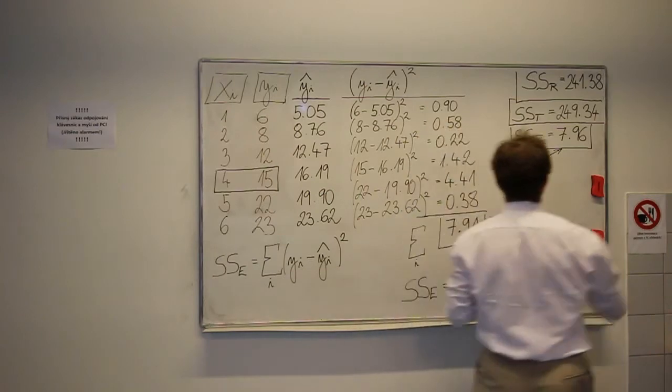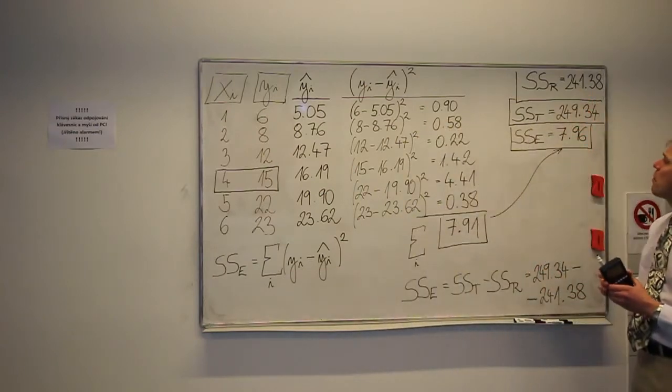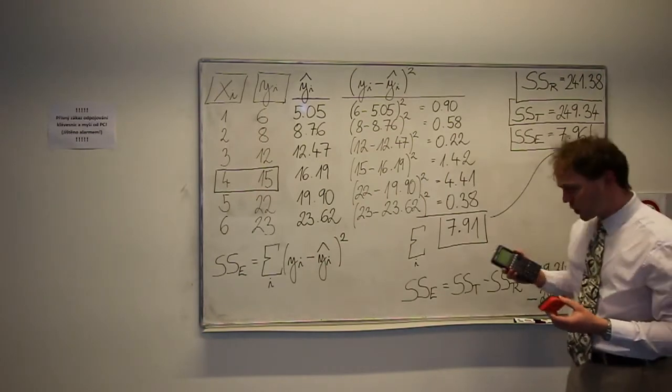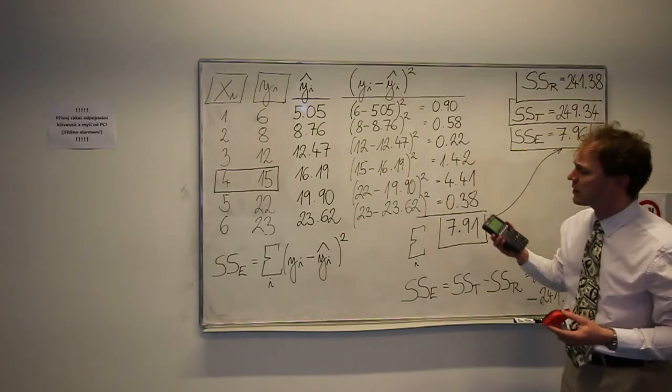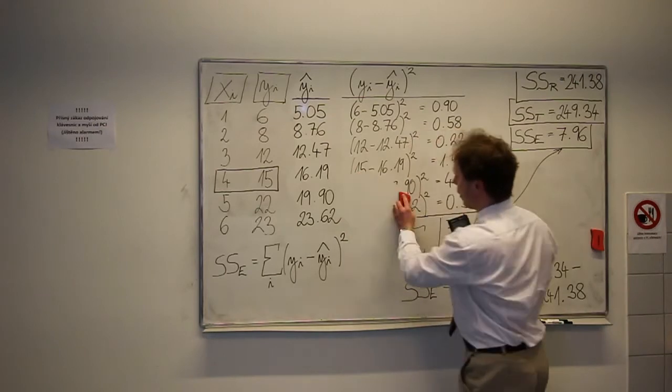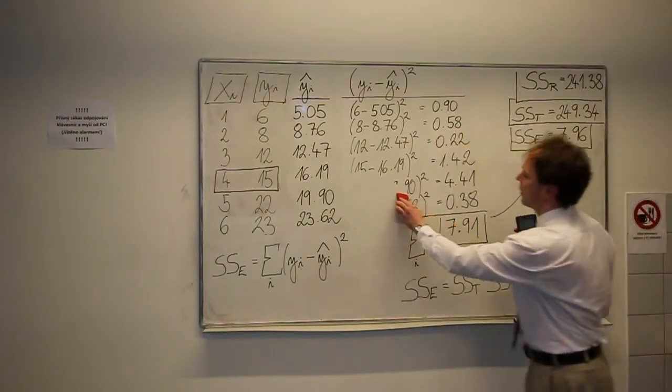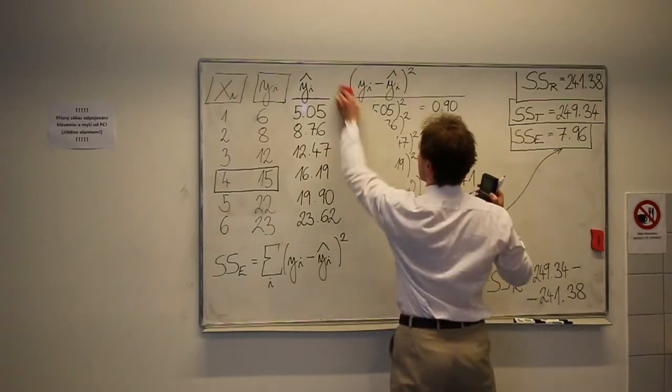We have correctly calculated the sums of squares, yes, and we can solve the final statistic, the final one for which we need to have everything here, these squares.